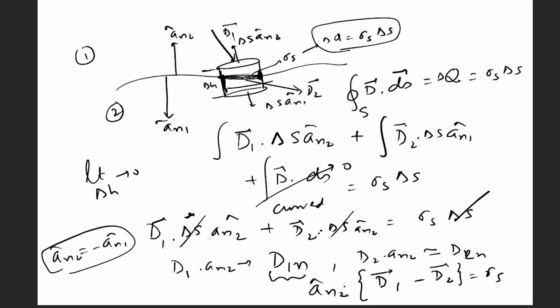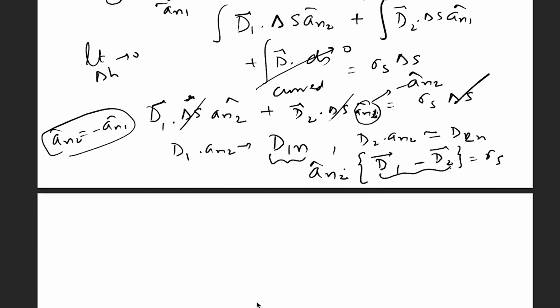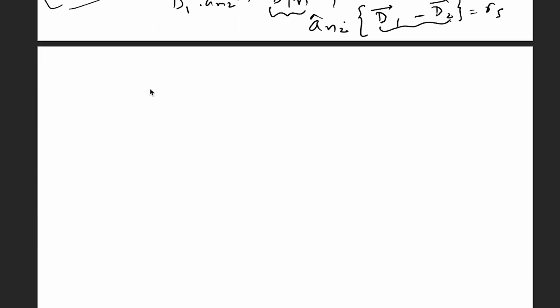I have taken an2 common and I have replaced this an1, sorry, with a minus of an2. So this is d1 minus d2 dot. So changing this dot to the normal component, I will have d1n minus d2n is equal to sigma s.